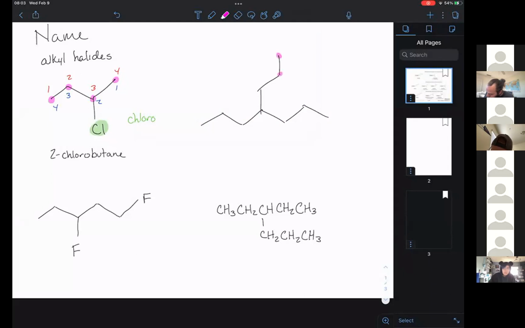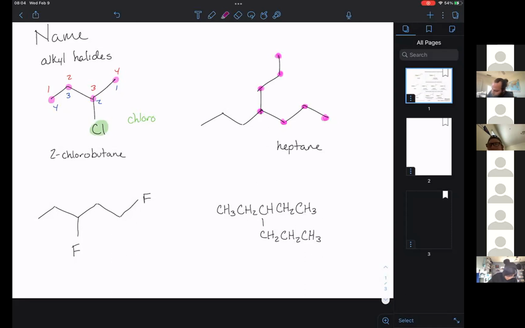So 1, 2, 3, 4, 5, 6, 7. It actually wouldn't matter which one I decided to make my parent chain. I would get the same answer either way. And you can do it both ways to convince yourself of this. But let's just leave it as this one is my parent chain. So again, I said that it was 1, 2, 3, 4, 5, 6, 7. So that means my parent chain is a heptane.